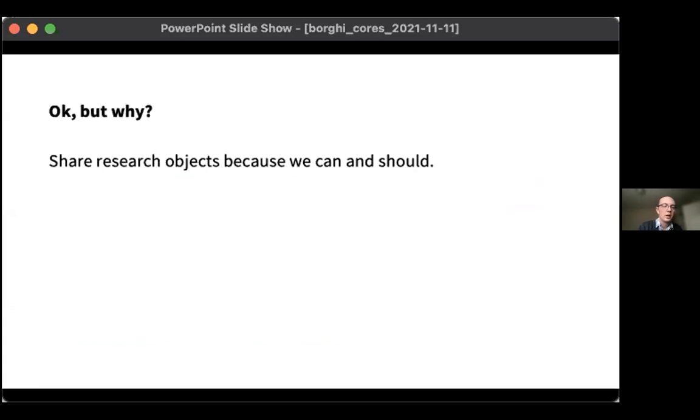Okay. And then finally, it is worth having a conversation about sharing research objects because we can and we should. There are lots of moral reasons for sharing research objects and it being within the spirit of scholarship and science to do so.